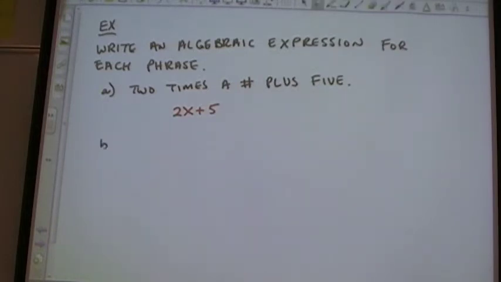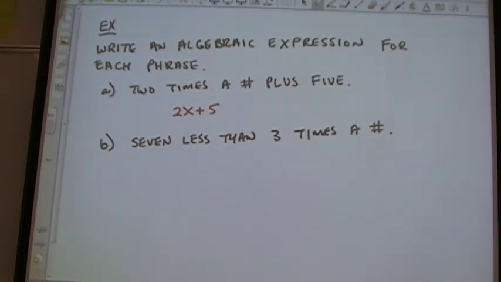Next. 7 less than 3 times a number. Let me write that out, and you gotta be careful here. 7 less than 3 times a number. Who wants to give it a shot? 3x minus 7.